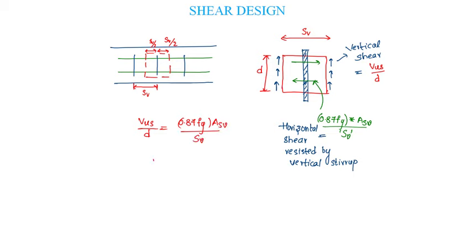From this, VUS will be equal to 0.87 Fy ASV into D by SV. So this is the formula for vertical stirrups.